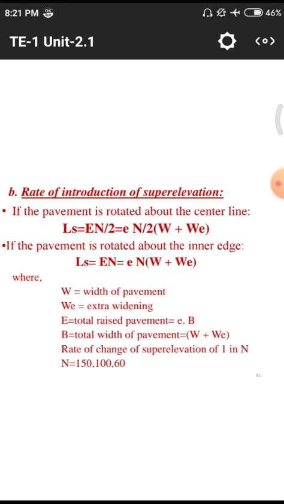With respect to the center line, we have one formula with En by 2, and without the center line we have a rise with respect to the inner edge. In En equal to small e into N, e is the elevation, that means the total raised pavement, and N is the length of the curve, that means 150, 160.